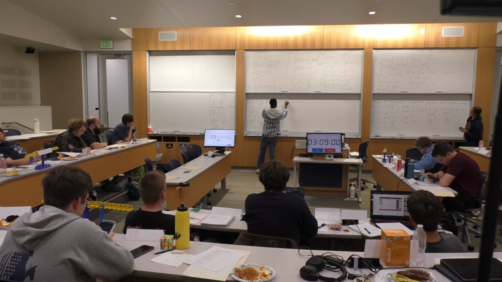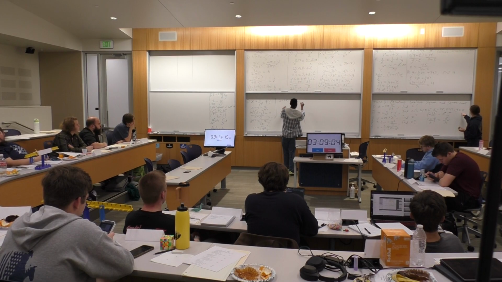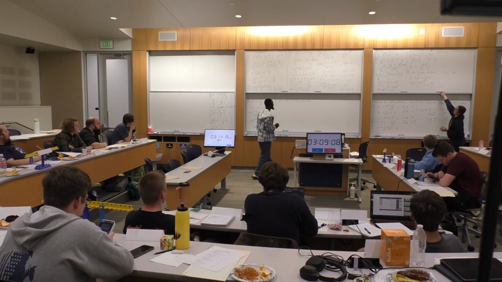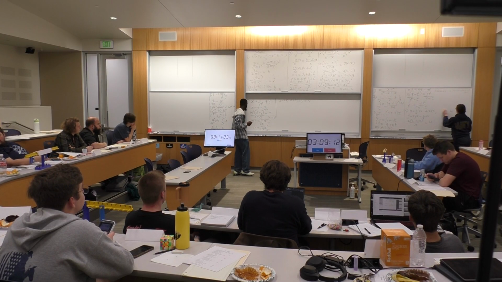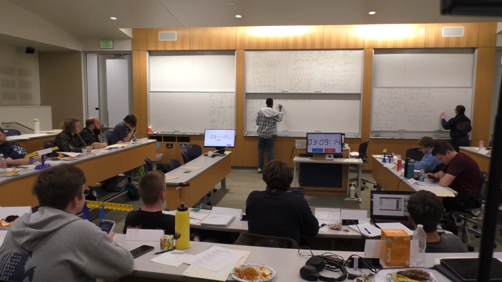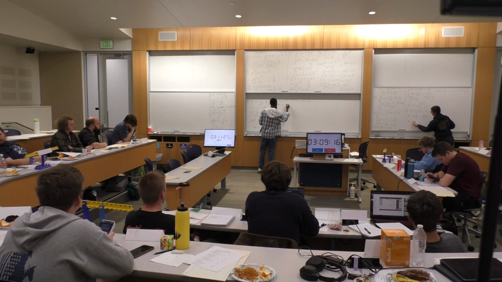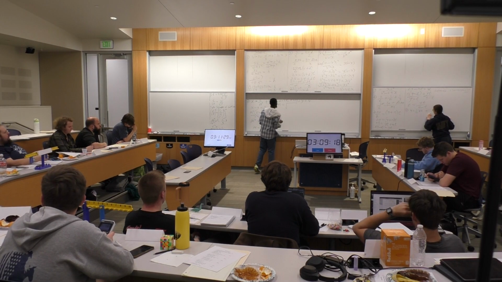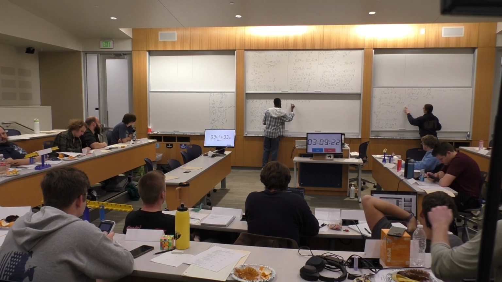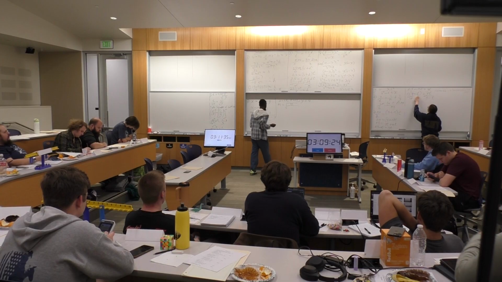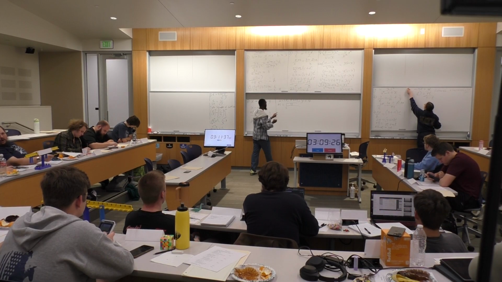X is 28, n is 12, and y is 4. Pulling this one down. So from here, we are plugging everything in. M equals square root of, instead of writing n, we write 12, over, instead of writing x, we write 28.